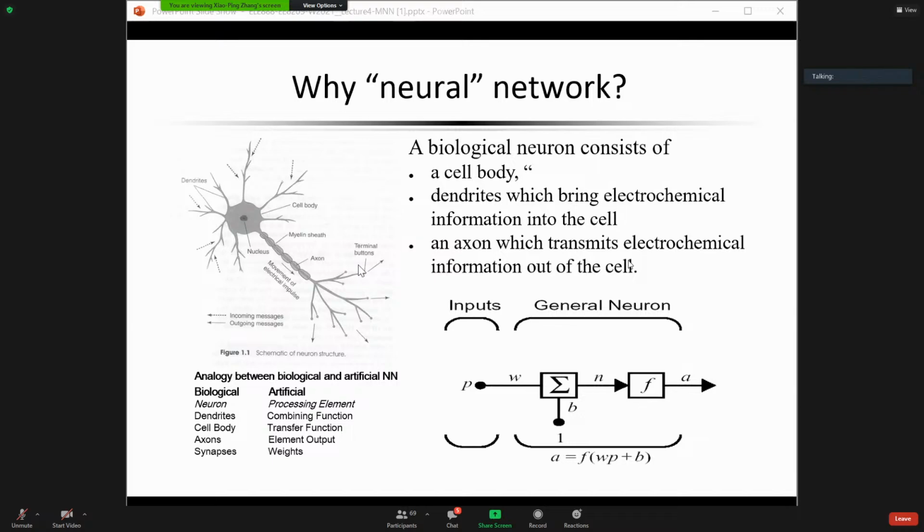But the similarity actually stops there. We know our brain is not a multi-layer feed-forward neural network. It's interconnected. We use the idea, but it's different.